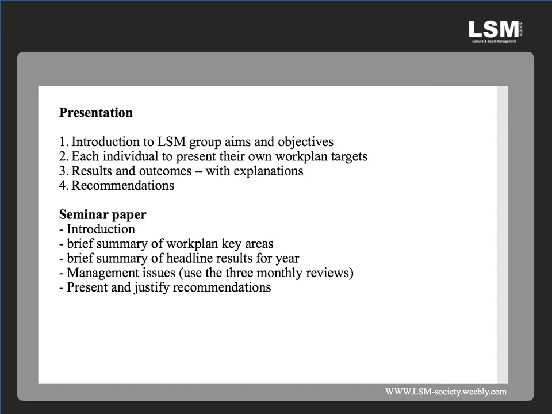But I just want a brief summary of the key areas of work and the key targets for the year, with some justification from your original audit to support why you targeted those key areas. But again, the entire seminar paper is 1,000 words, so please keep these brief, to the point, and well referenced.